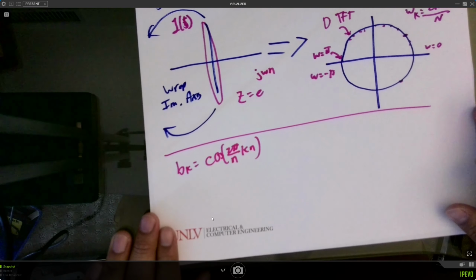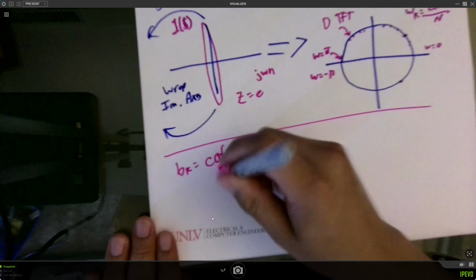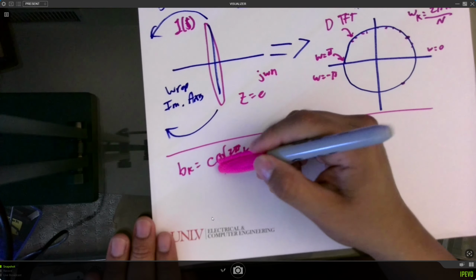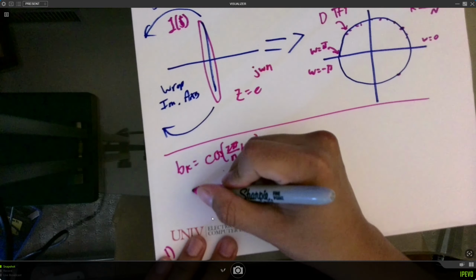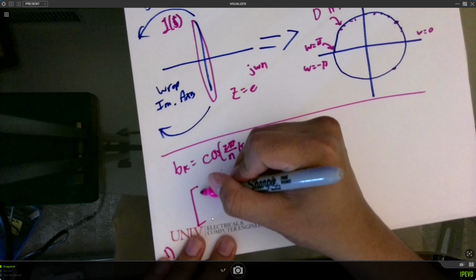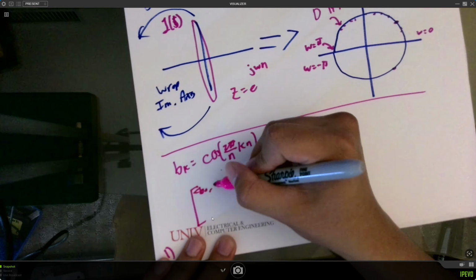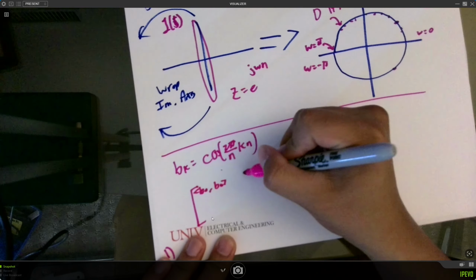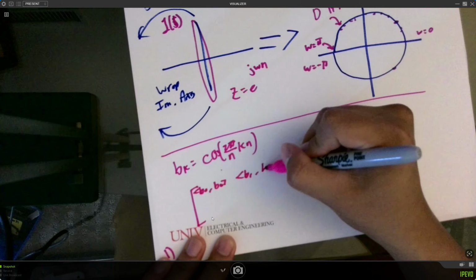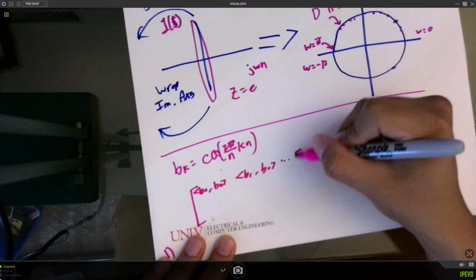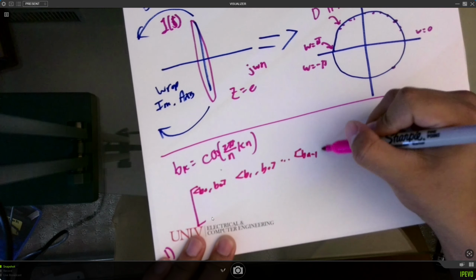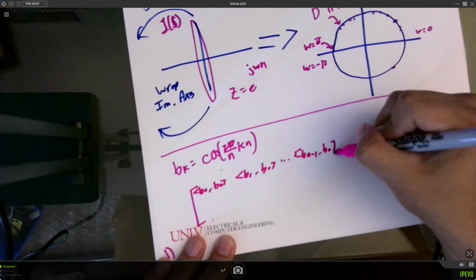So the point of this first thing is to basically prove that the Gramian is basically a square where it's b of 0 inner product with itself, b of 1, b of 0, dot dot dot, b of n minus 1 to b of 0.